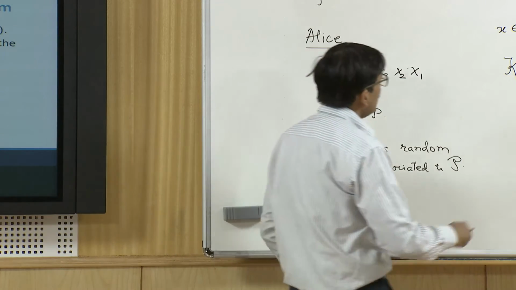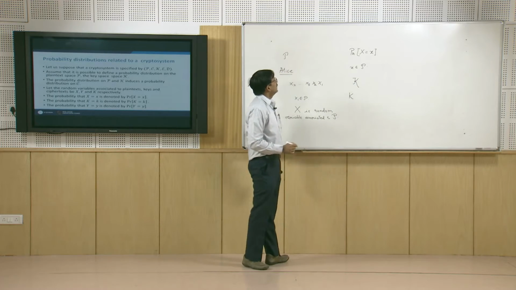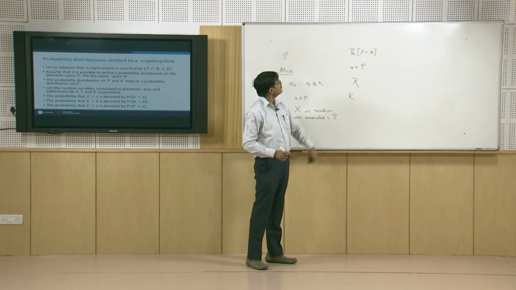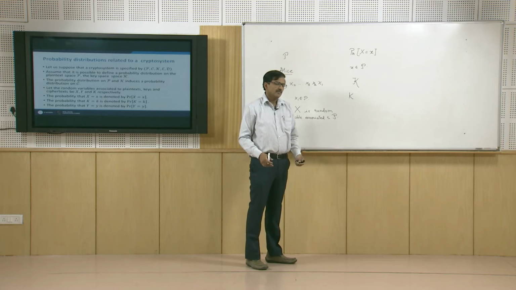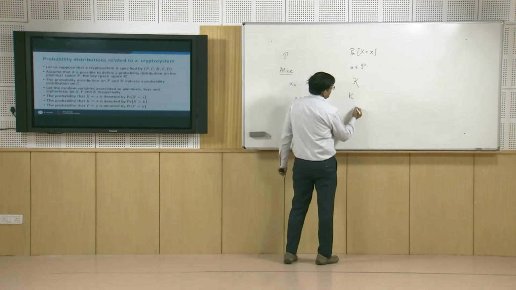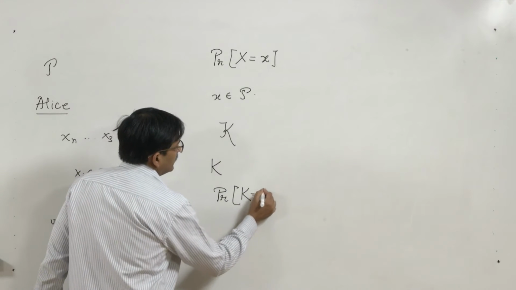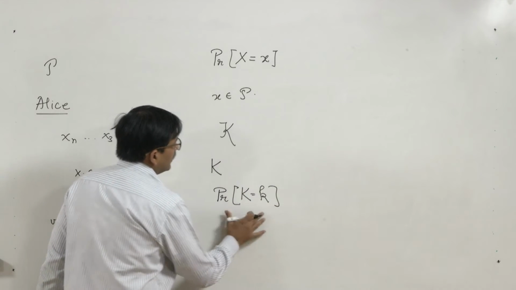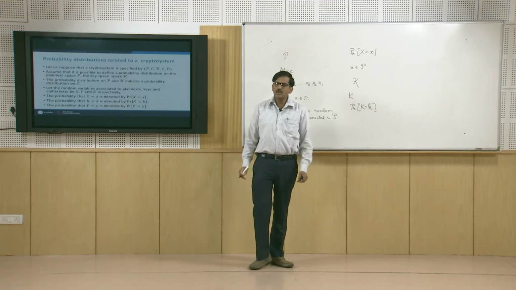So, we associate a random variable capital K with the key space K, and of course, it gives the probability that a particular key is chosen. Suppose a particular key small k is chosen, then we write the probability of that choice as probability of K equal to small k.